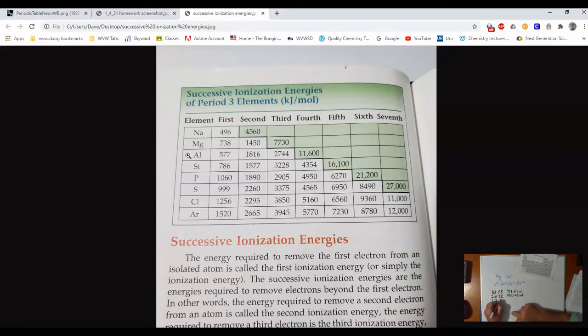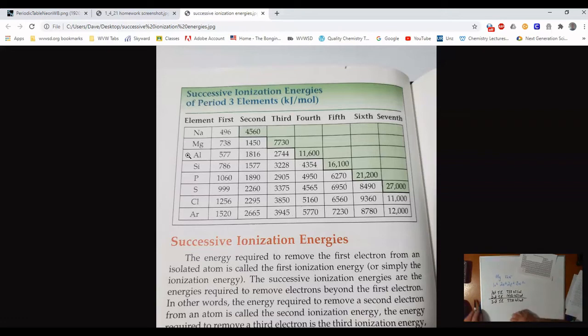Except now, for magnesium, when we look at that third ionization energy, here's where it really takes a huge leap: 7,730 kilojoules per every mole of magnesium atoms. Why is there such a large jump between the second and the third?